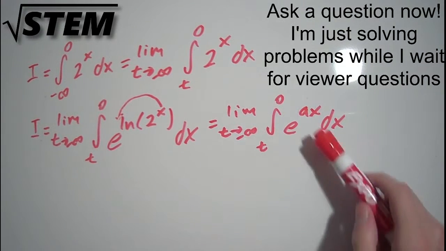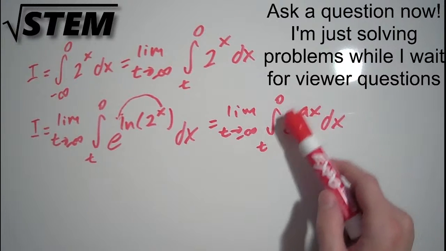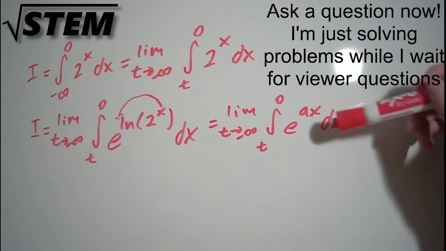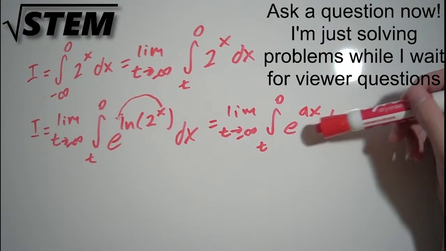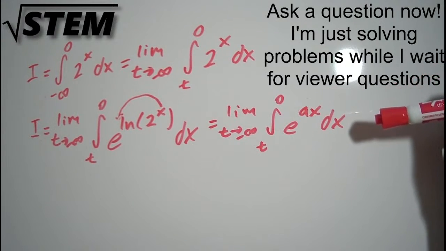And if we've done this enough times, we know this is going to be 1 over a times e to the ax.